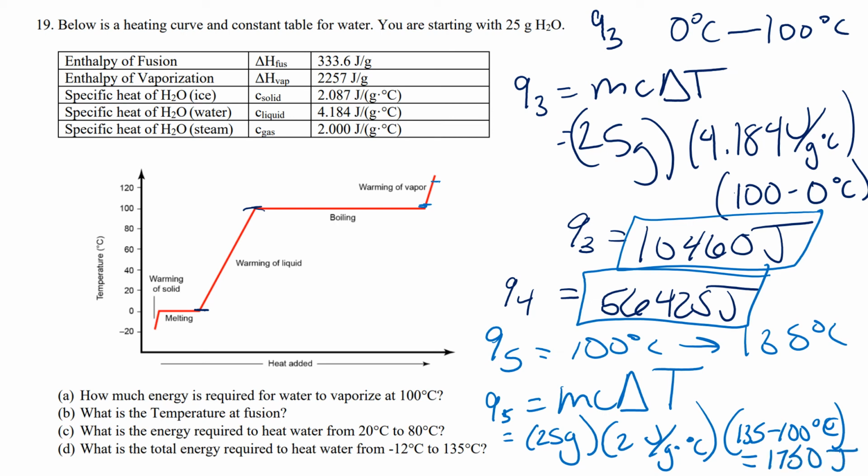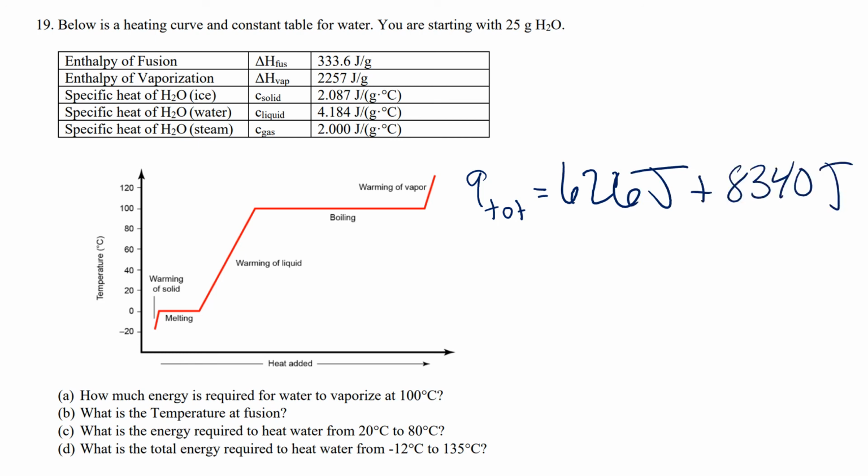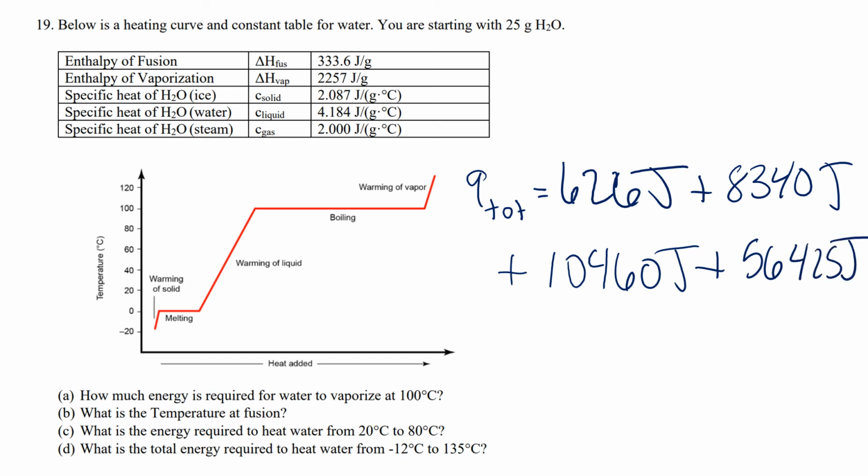So now I just have to add everything up. The Q total, the energy required to do all of that, is equal to 626 plus the rest.